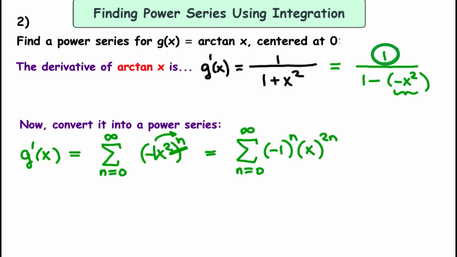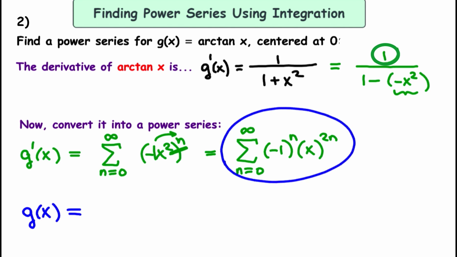That's going to be easier because when we end up going back to g of x, here in blue, remember g of x is what we're trying to get. That was arctan. We have to integrate this guy, and I think it'll be easier to integrate when you just have a 2n. That'll just be 2n plus 1. In fact, let's just do it.